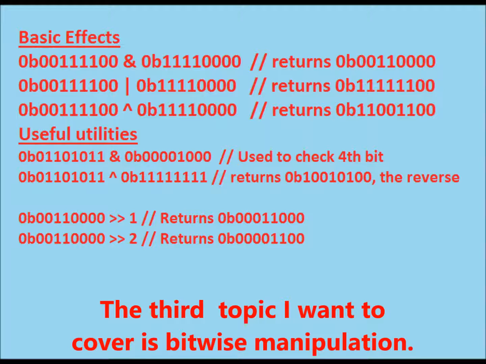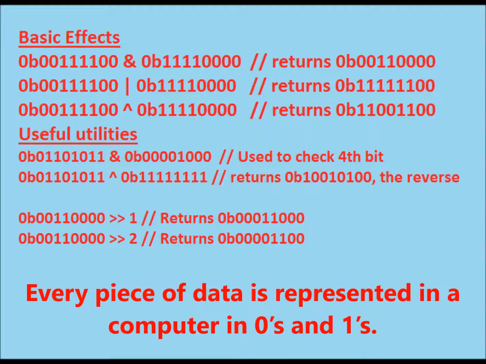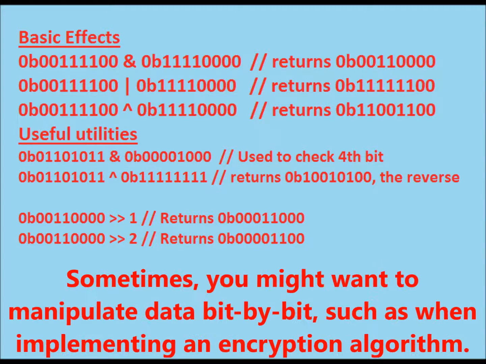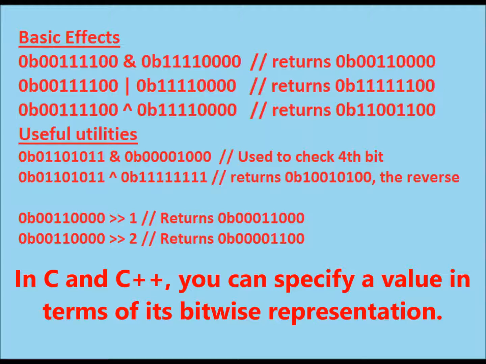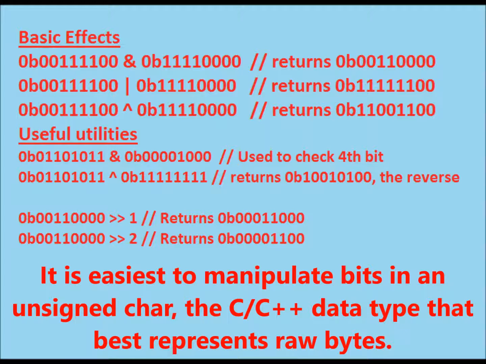The third topic I want to cover is bitwise manipulation. Every piece of data is represented in a computer in zeros and ones. Sometimes you might want to manipulate data bit by bit, such as when implementing an encryption algorithm. In C and C++, you can specify a value in terms of its bitwise representation. It is easiest to manipulate bits in an unsigned char, the C++ data type that best represents raw bytes.